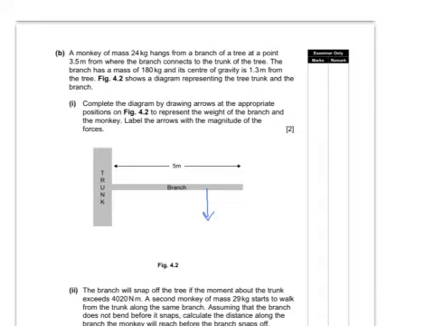The blue one is for the monkey's weight, which is equal to its mass times g. So that's going to be 24 times 9.81. So stick that in the calculator. So it's 235 newtons.